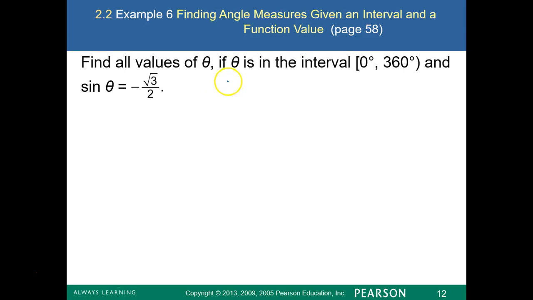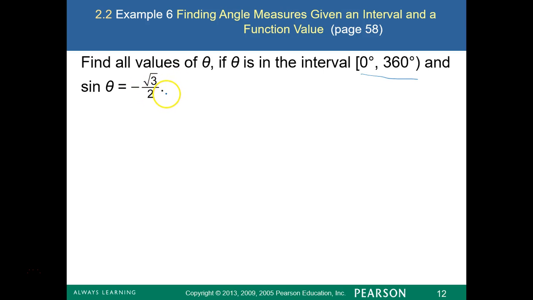All right, let's look at one last thing. You are going to have a problem to do in your assignment that is much like this one here. It says find all values of theta if theta is in the interval of 0 to 360, and given that sine of theta is equal to negative square root of 3 over 2.